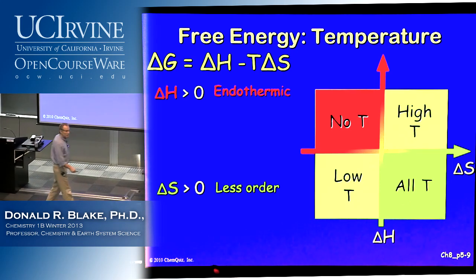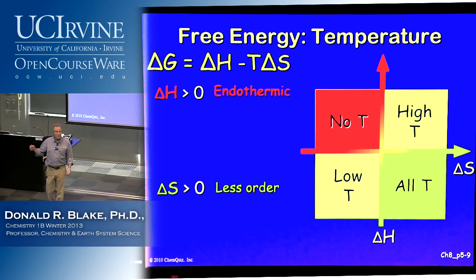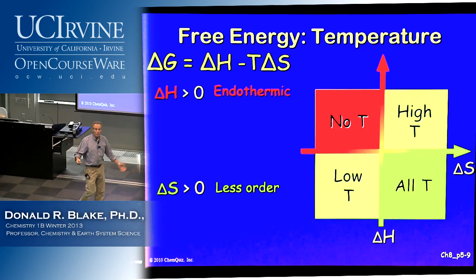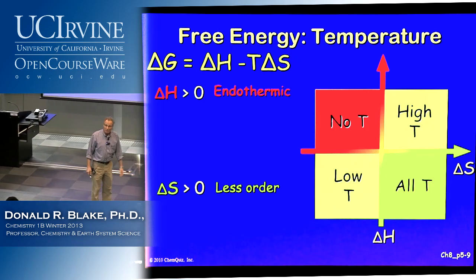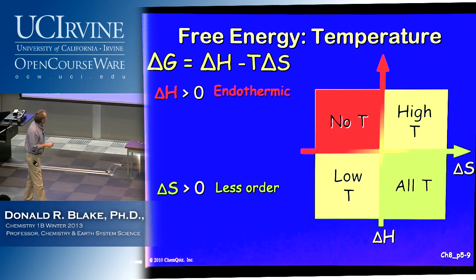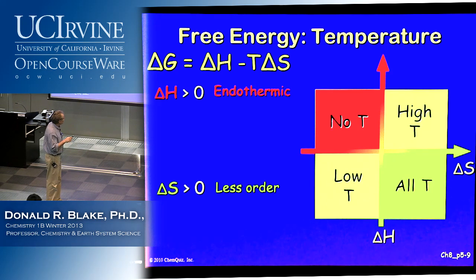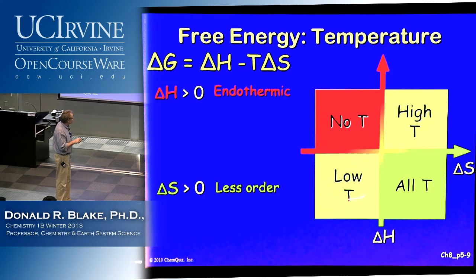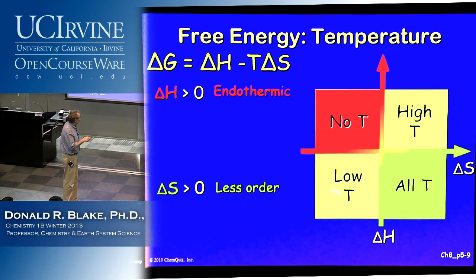But what we learned just a minute ago was you can take something that is spontaneous at room temperature, but if the delta S is negative, it may be that you can get a negative delta G at low temperature, but at high temperature you're not going to get it.